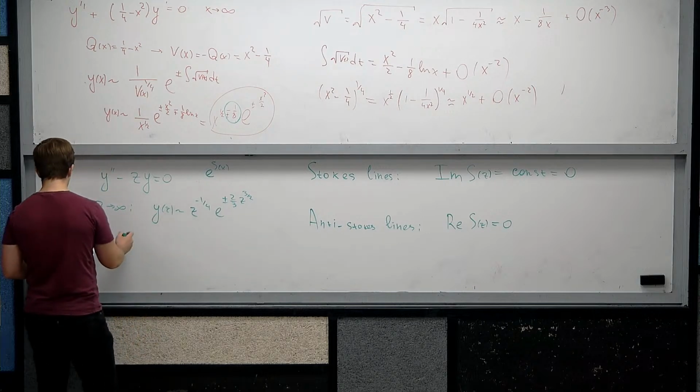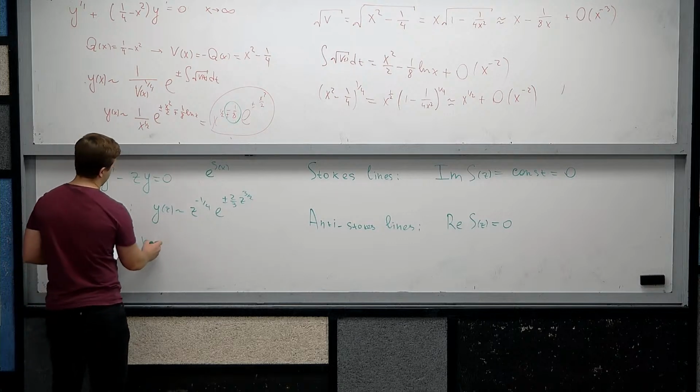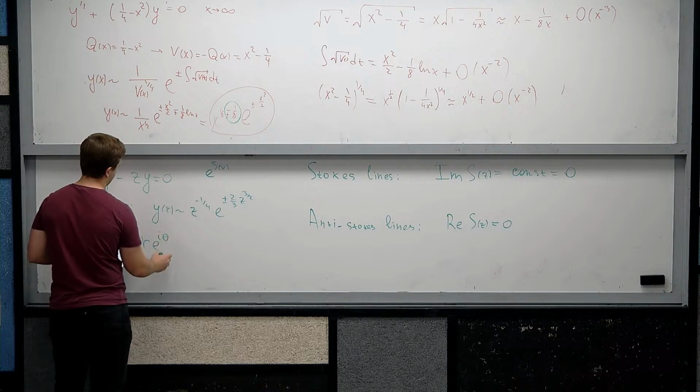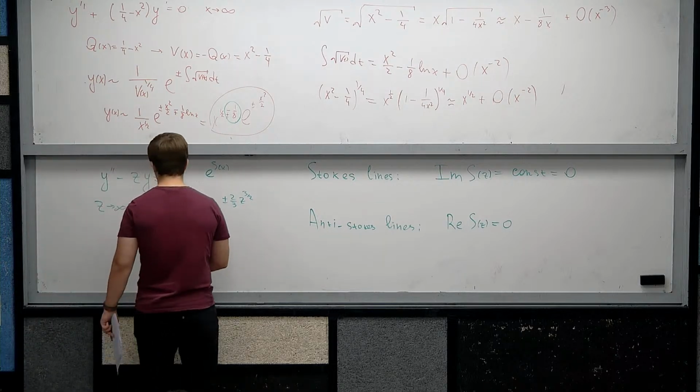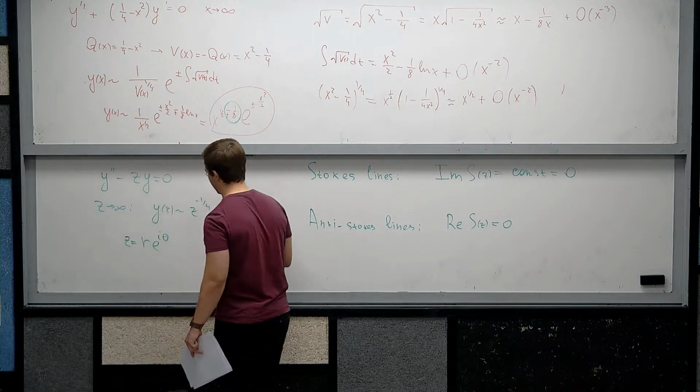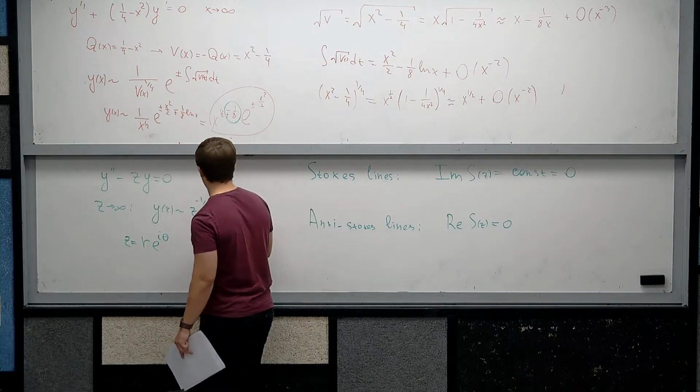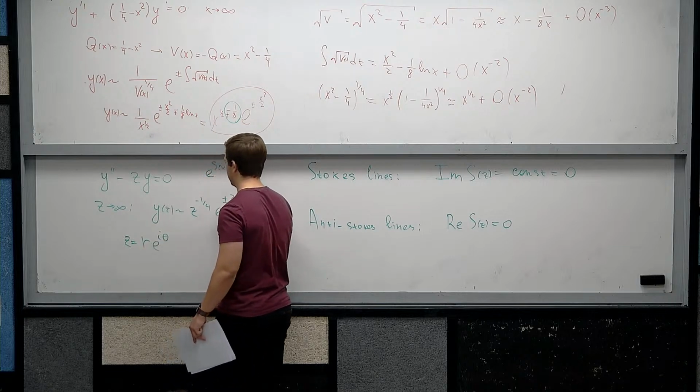We say that z is r multiplied by e to the i theta. Okay, so let's use polar coordinates, right? And then we can plug this into the equation.